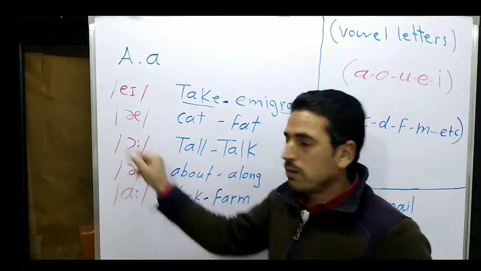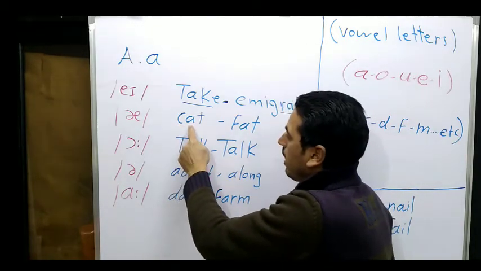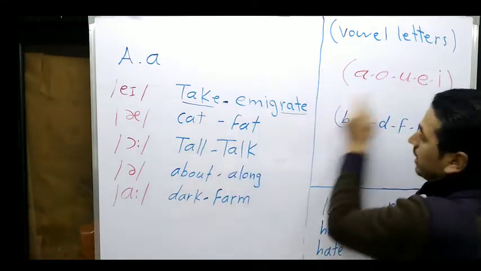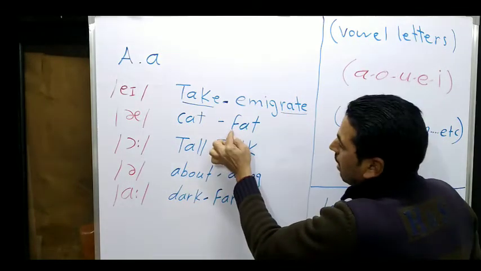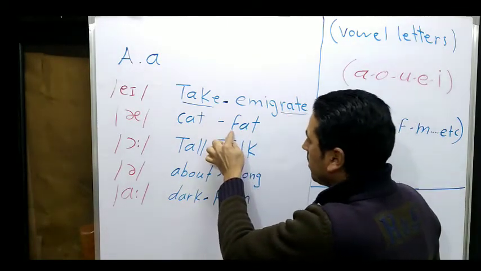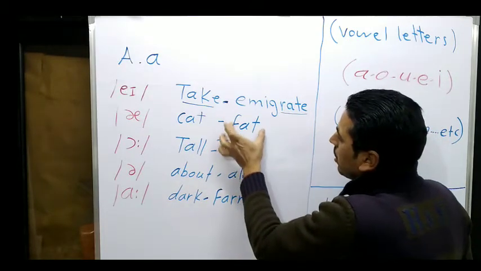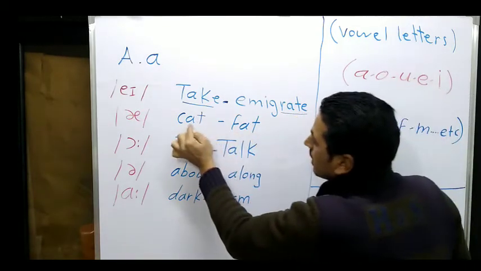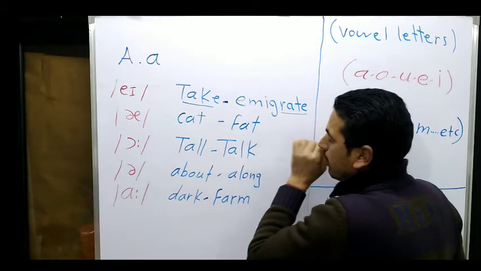Let's see the second case. We have the first consonant C, A, T. Without E, not ending in the vowel E, we pronounce it cat. F, which is a consonant, A, vowel, T, consonant, without E, we pronounce it fat, as in cat, fat.